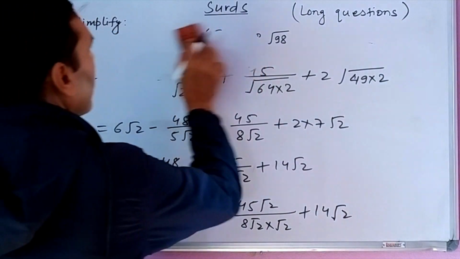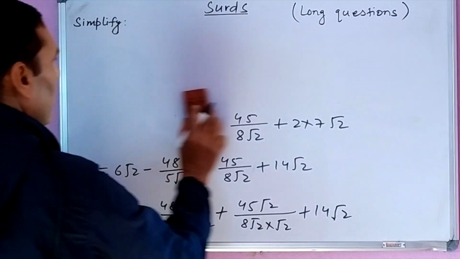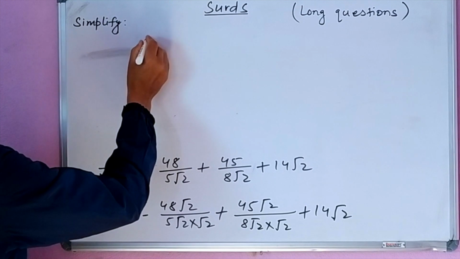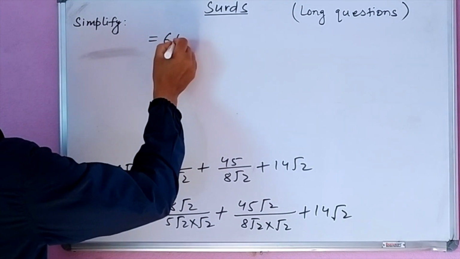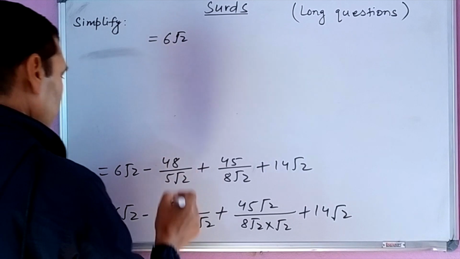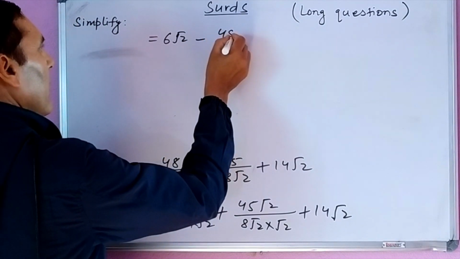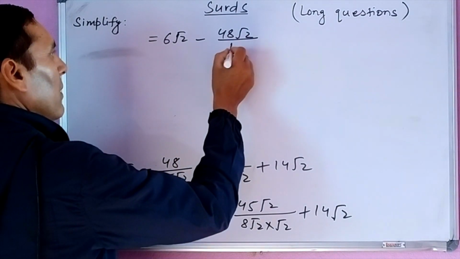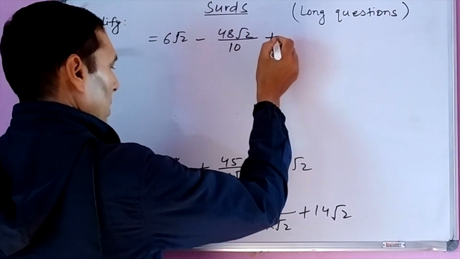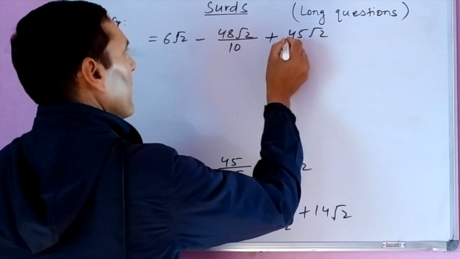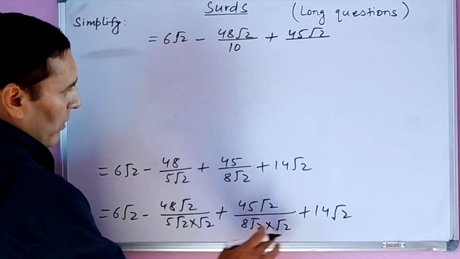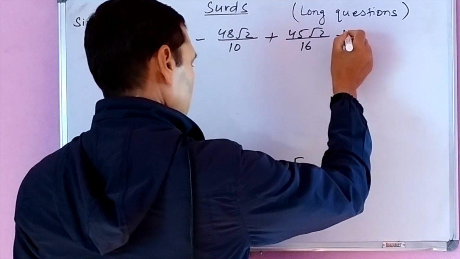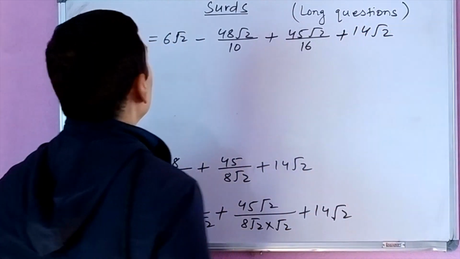So after that we'll have 6 root 2 as it is, minus 48 root 2 upon 5 into 2, which is 10, plus 45 root 2 upon 8 into 2, which is 16, plus 14 root 2.